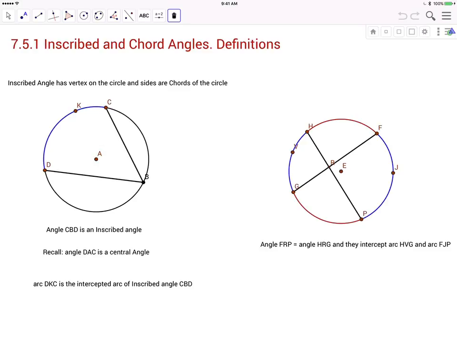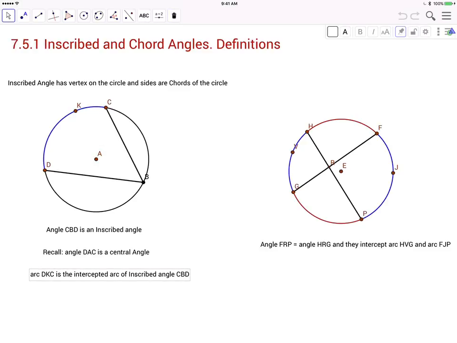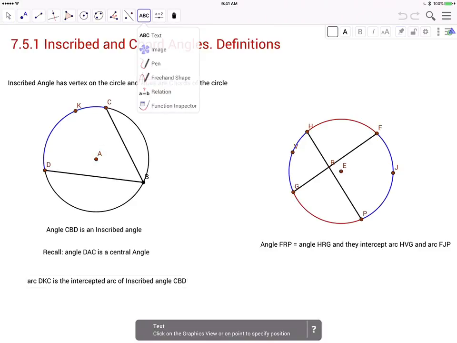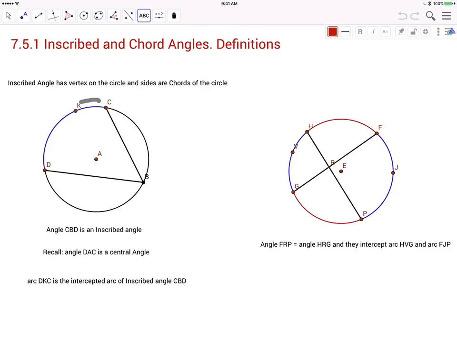And in the last one, arc DKC is considered the intercepted arc of the inscribed angle CBD. So we talk about this being the intercepted arc for this angle over here.